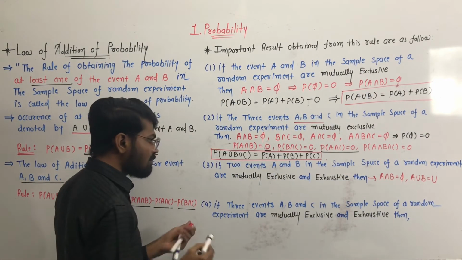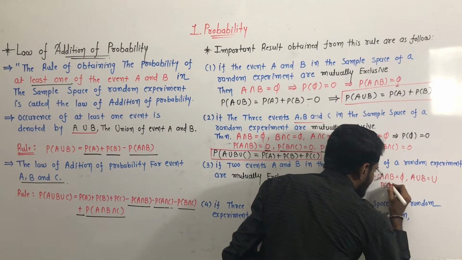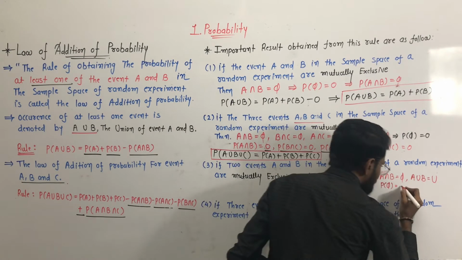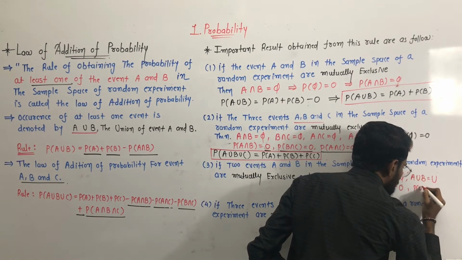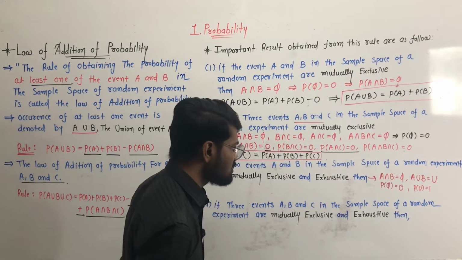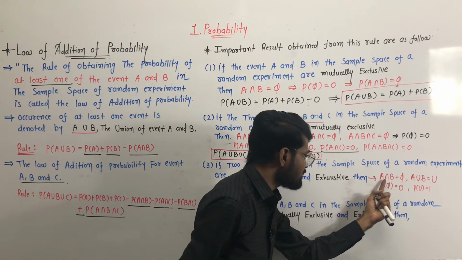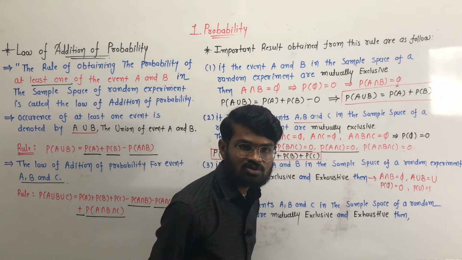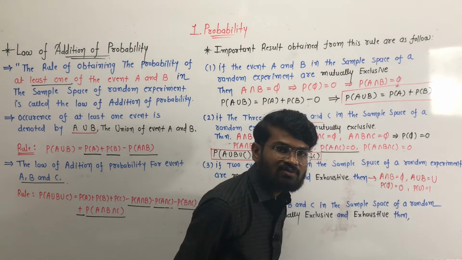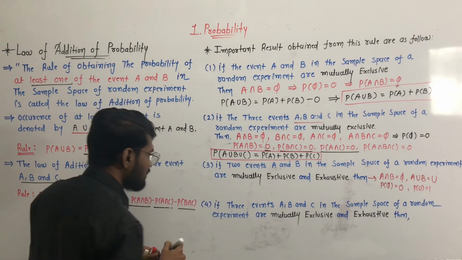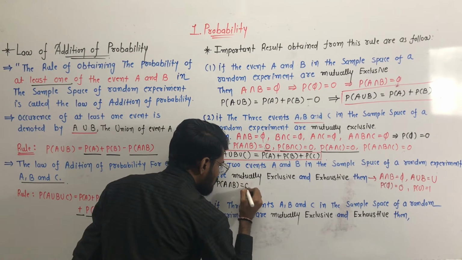Okay, the probability of φ is equal to 0, and the probability of U is equal to 1. So we can say that the probability of the intersection of A and B is also equal to 0, because φ is equal to the intersection of events A and B. So we can write that the probability of the intersection of events B and A is 0.